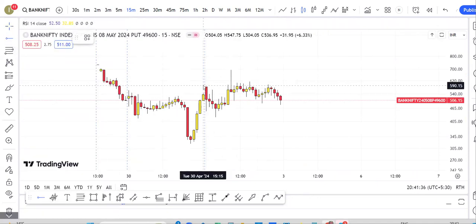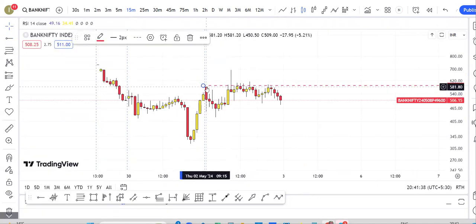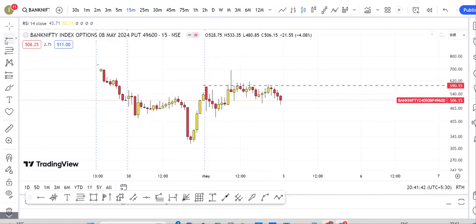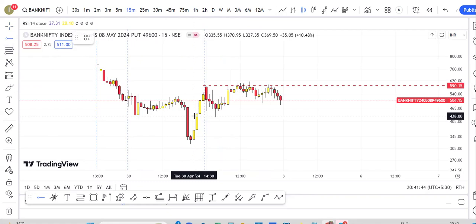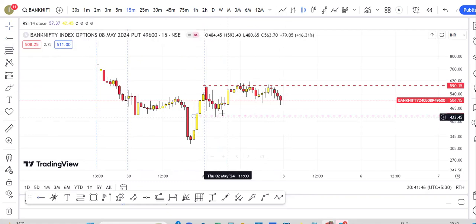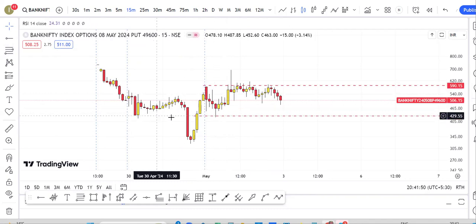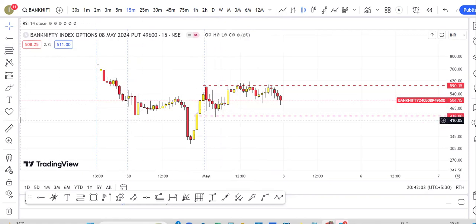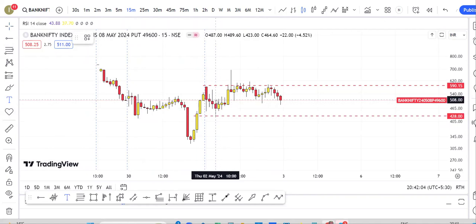Here the put option came down to 480. Right? So your target is to this top. That's it. Here it was, so you have entered by seeing the reversal. You have, say for example, entered around 481.